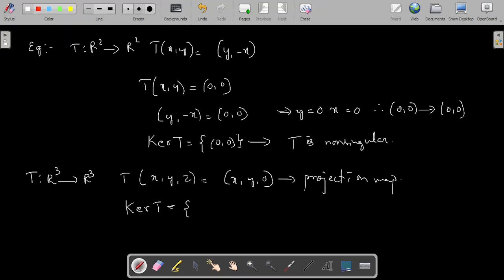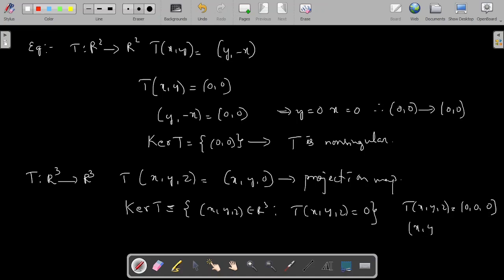Kernel of T is equal to all those vectors x comma y comma z belonging to R cube such that T of x comma y comma z equals 0. Which vectors get mapped to 0? T of x comma y comma z equals 0 comma 0 comma 0, meaning x comma y comma 0 equals 0 comma 0 comma 0. So this implies x equals y equals 0.